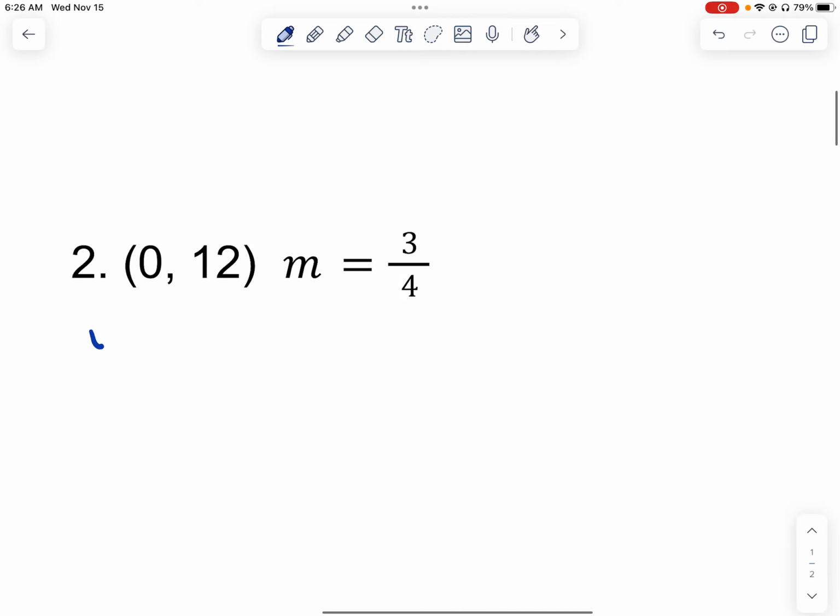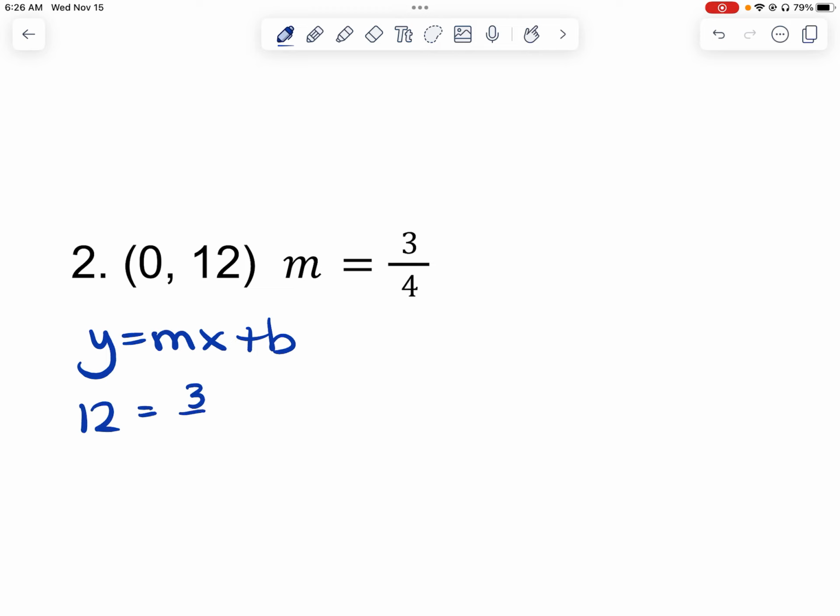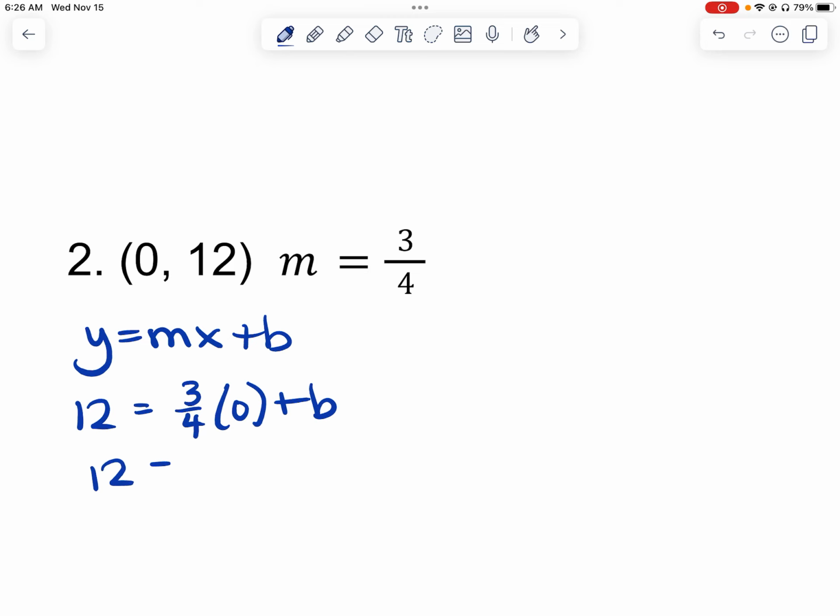Next, I'm going to do the exact same thing. I'm going to replace y with 12, m with 3/4, x with 0, and we have plus b. Again, 0 times anything is 0, so 12 is equal to b.